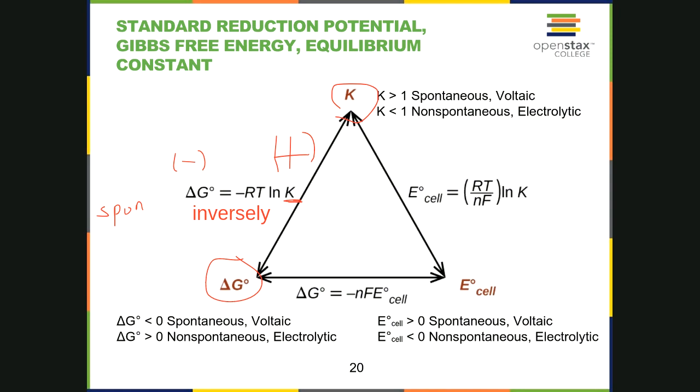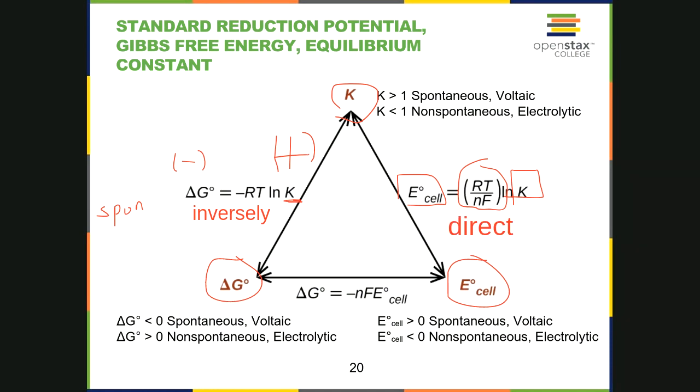Now we have something new to put into consideration, and that is the cell potential. And when we're comparing the cell potential to the equilibrium constant, you can see that there's no negative. There's a function going on here, but there's no change in sign. So what that's telling us then is that there's a direct relationship between the cell potential and the equilibrium constant.